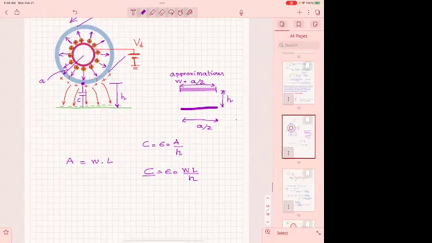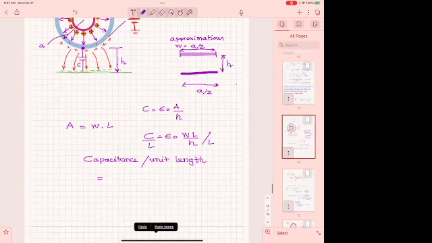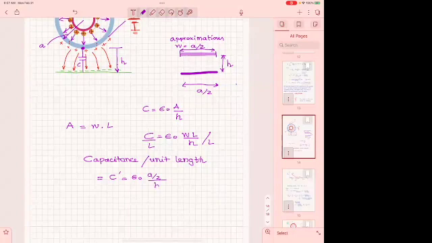I will divide this by L, and then I will have a capacitance which is per unit length. The capacitance per unit length will be C prime, usually you can show it, and it's going to be epsilon naught W, which is A over 2, there is no L, divided by H.